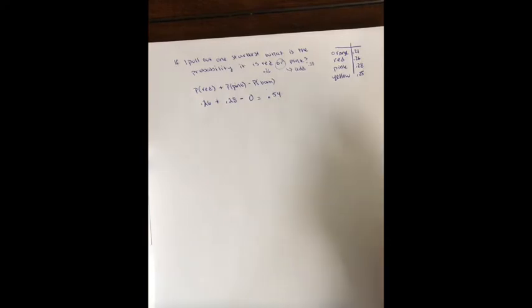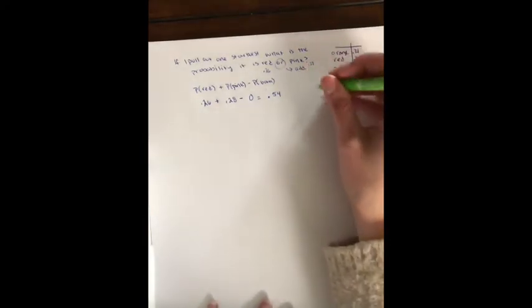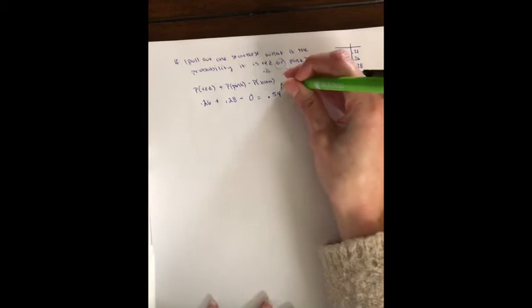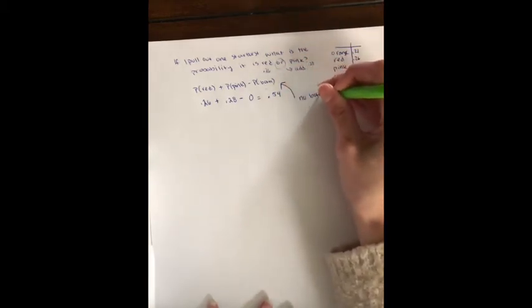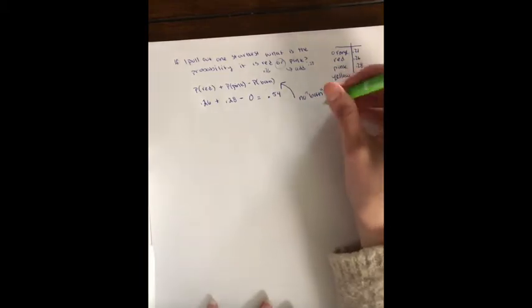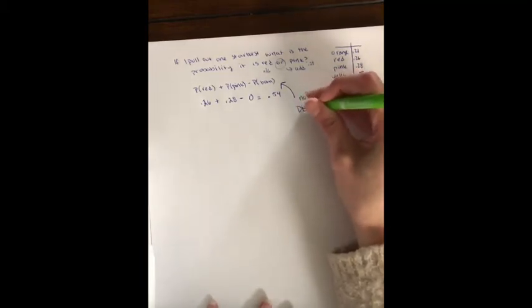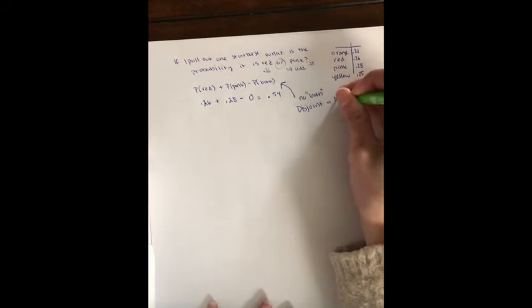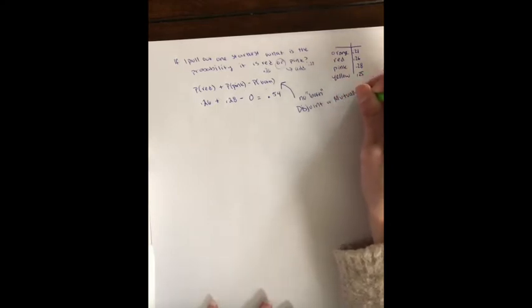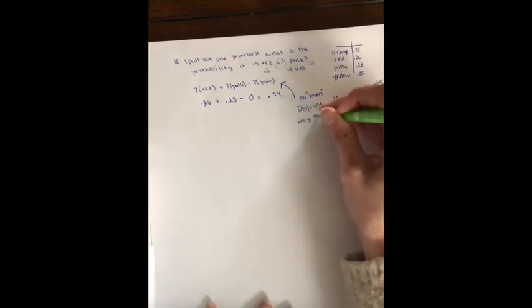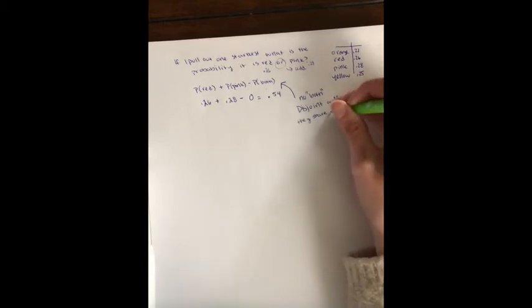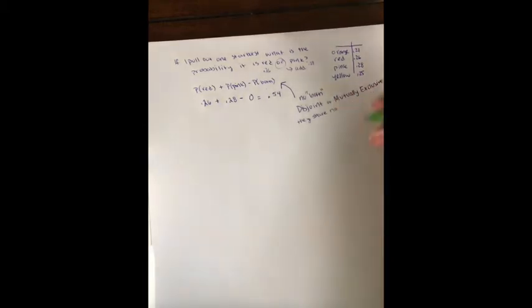Okay, what we call this is if you can't have a both, if there's no both, we call this disjoint or mutually exclusive, meaning they share nothing in common. So they share no events in common.